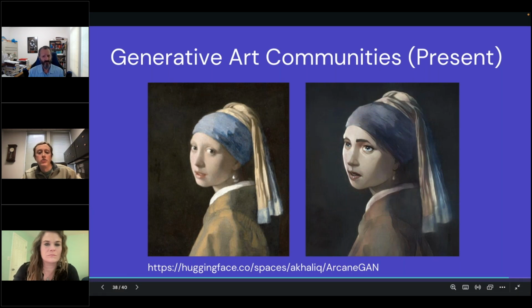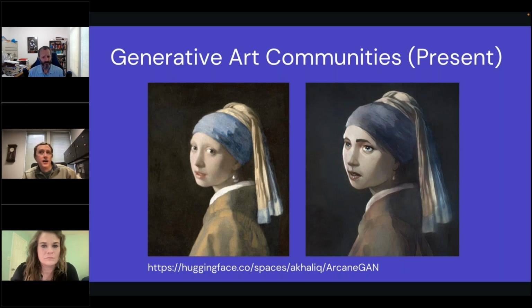Generative art communities, now thanks to AI, we're starting to see a pivot away from the more manual editing of Photoshop to more automated editing. For instance, you can take an original piece of art or a photograph or a video, process it through a generative model, something like a generative adversarial network or Stable Diffusion, which is becoming more popular, and just recontextualize the piece.